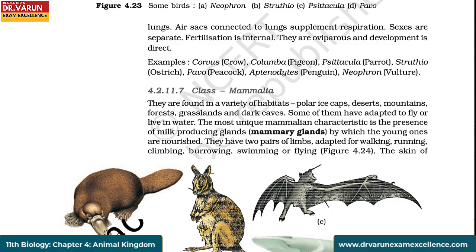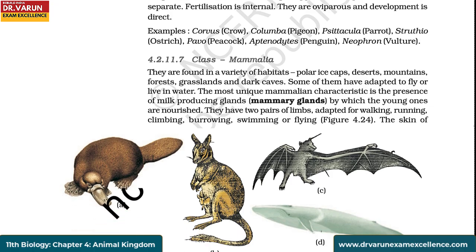Air sacs connected to lungs supplement respiration. Sexes are separate. Fertilization is internal. They are oviparous and development is direct. Example, Corvus, crow; Columba, pigeon; Psittacula, parrot; Struthio, ostrich; Pavo, peacock; Aptenodytes, penguin; Neophron, vulture.